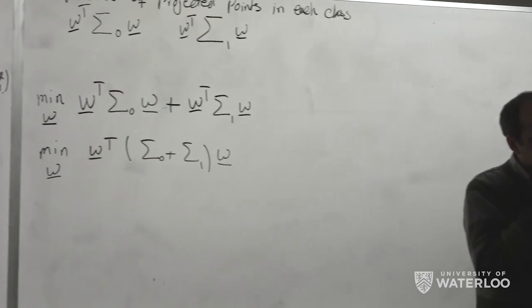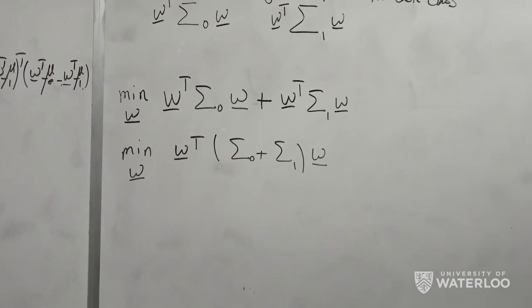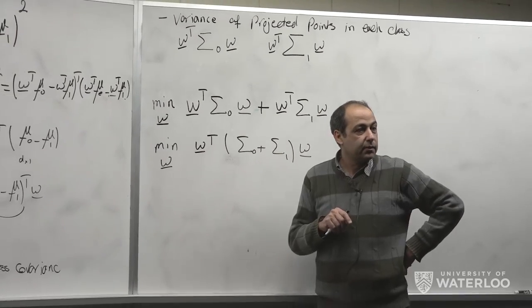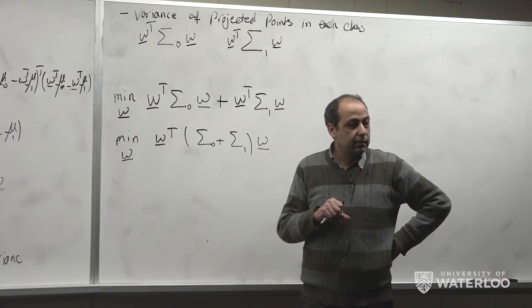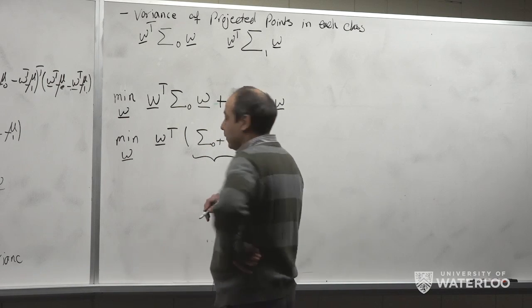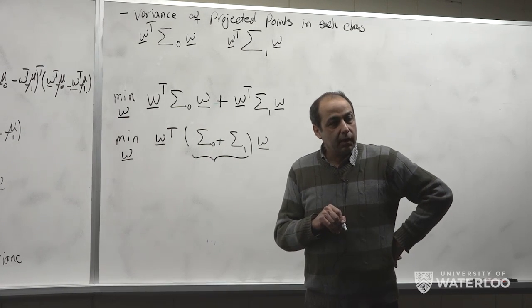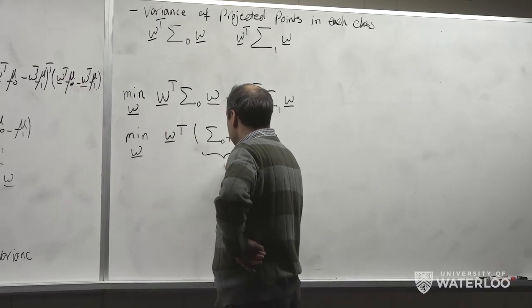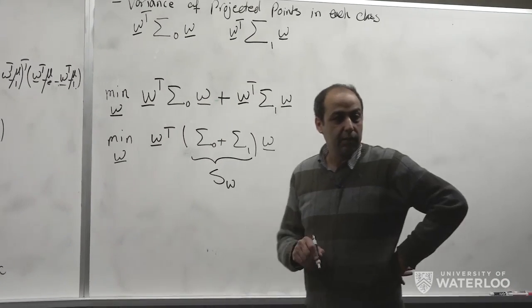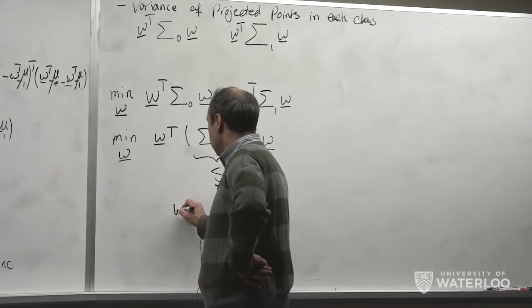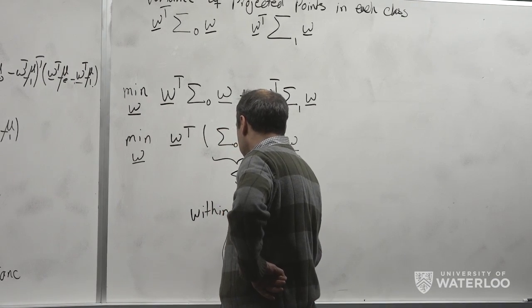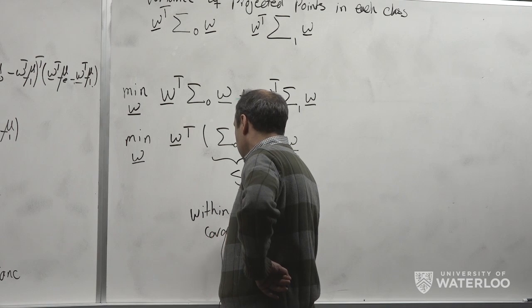Okay? These two quantities are known. I'm going to show it by SW and call it the within class covariance.